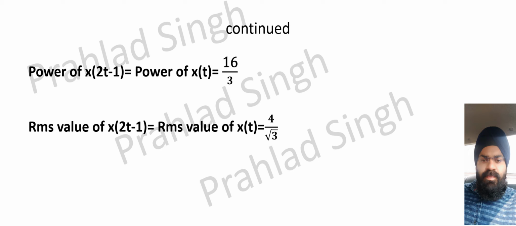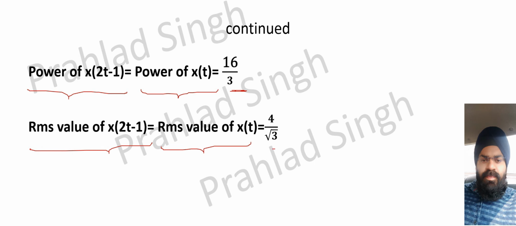So here the power of x of 2t minus 1 is equal to the power of x(t), which is 16 by 3. So the RMS value of x of 2t minus 1 is equal to the RMS value of x(t), which is 4 by root 3.